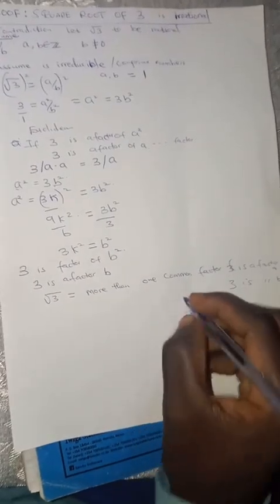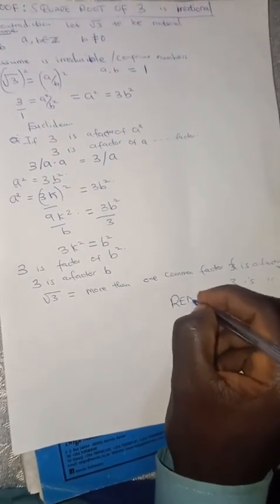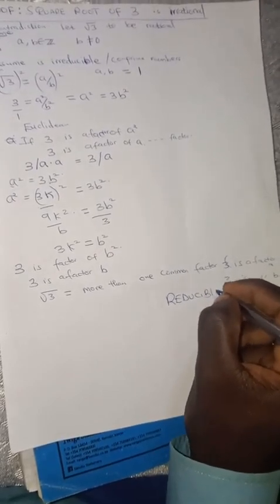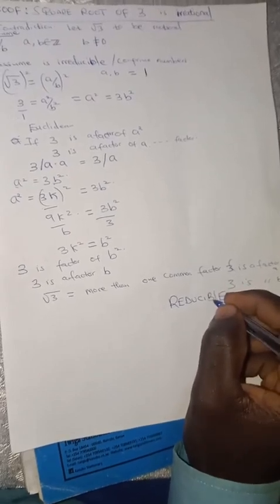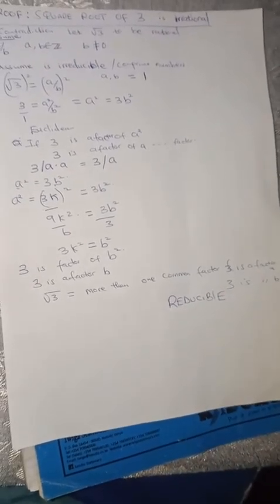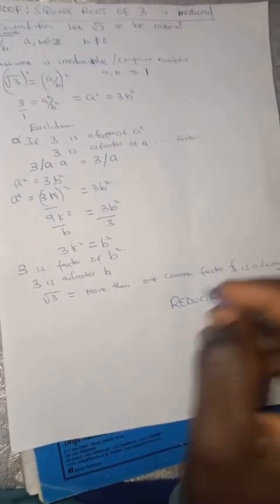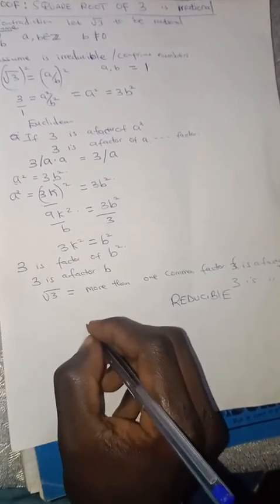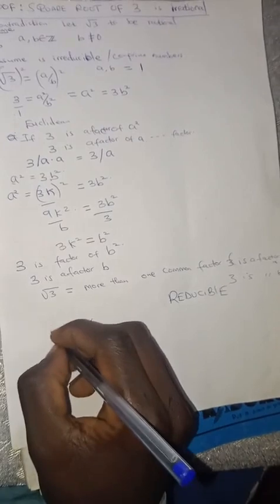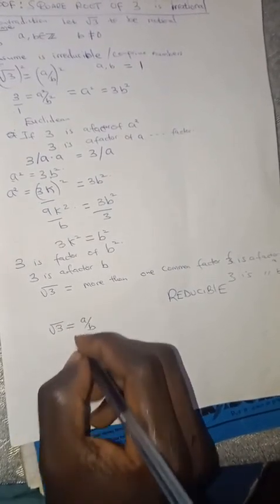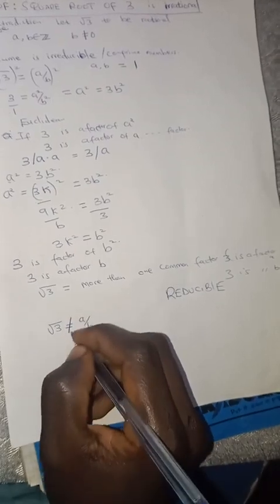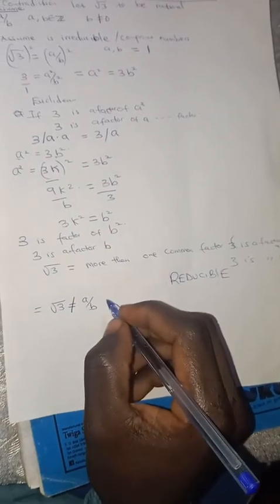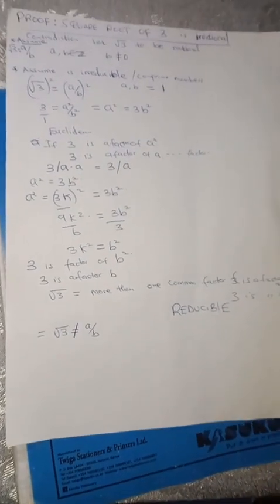This means that it is reducible, which contradicts our claim that a over b is irreducible, meaning that the square root of 3 is irrational, that it cannot be represented as a over b in the form of integers.